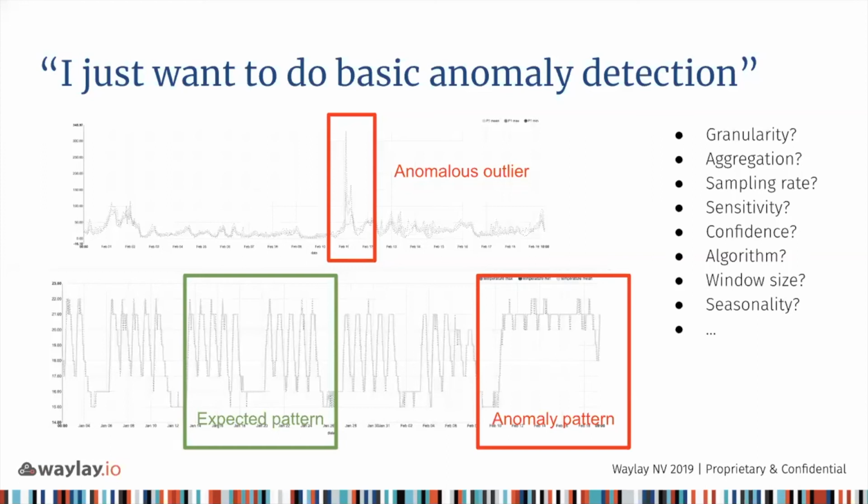So we're talking here about which granularity to choose, which aggregation, sampling rate, sensitivity, confidence levels, window sizes, and so forth. If you're a data scientist, some of those people like to get their hands dirty and set all of these settings themselves. That's fine if you have 10 devices. But if you have hundreds of devices, you want to let the system figure all of this out.